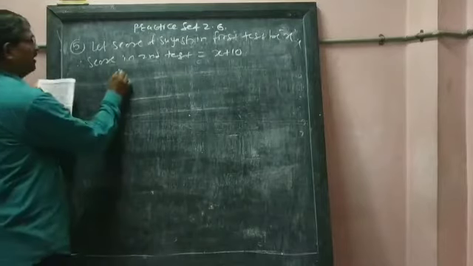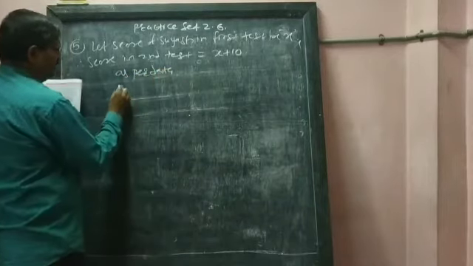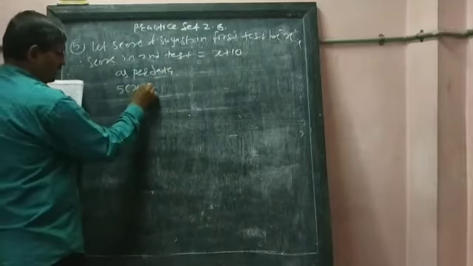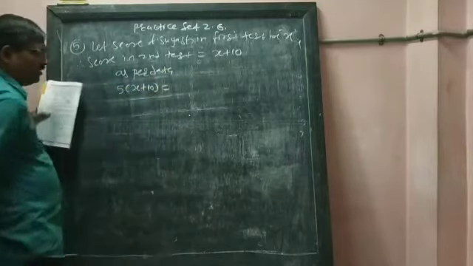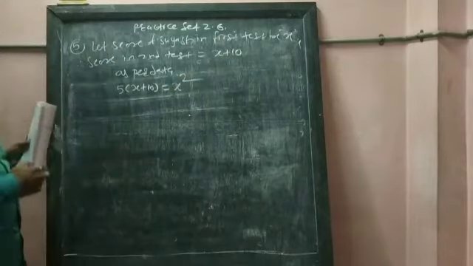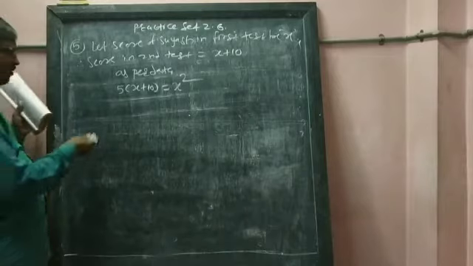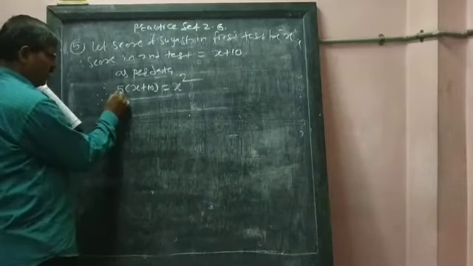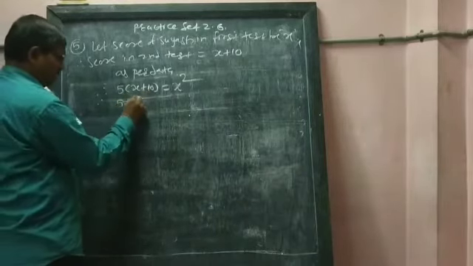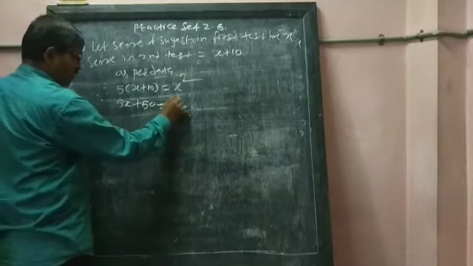Means as per data, 5 times the marks in the second unit test is equal to the square of the score in the first unit test. Thus, this is your condition. Then you can solve here: 5 into x, 5x, 10 into 5, 50 is equal to x square.